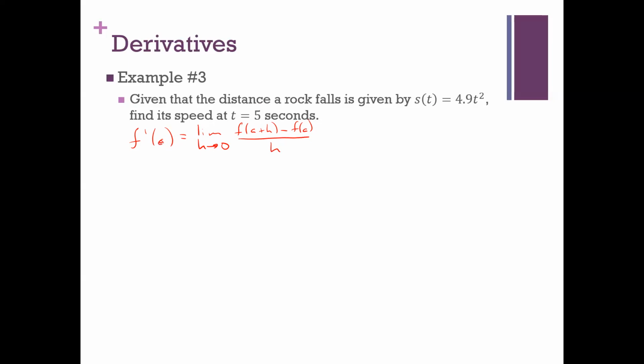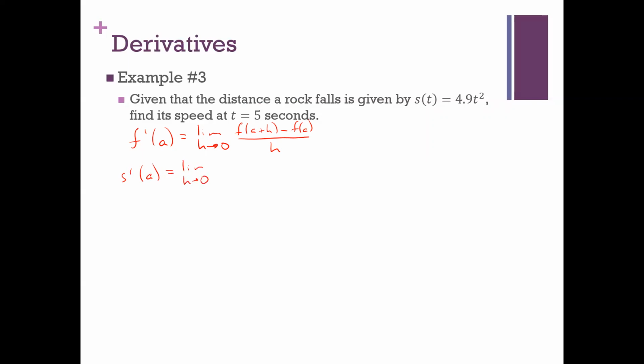So start getting used to this difference quotient. Very important thing we'll use a lot, especially in the short term here. I'm going to re-express this as S prime because that's really what we care about.